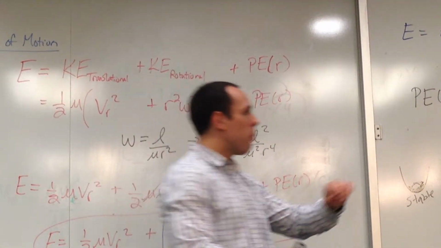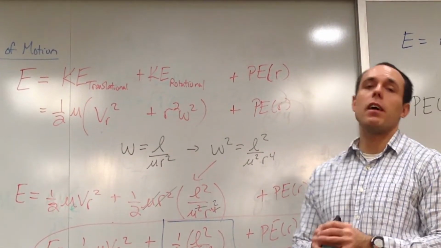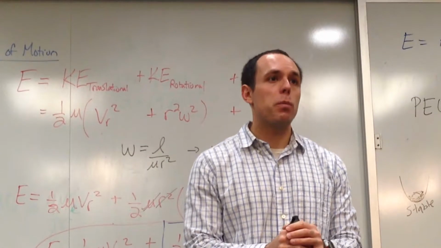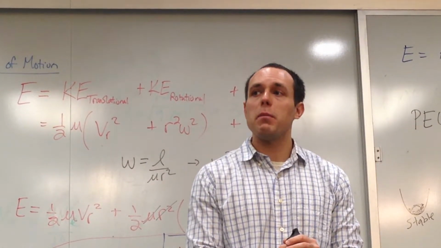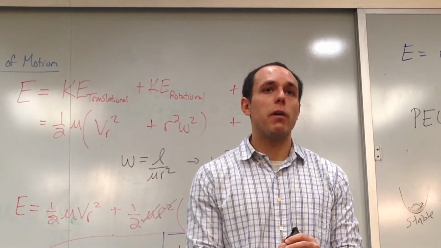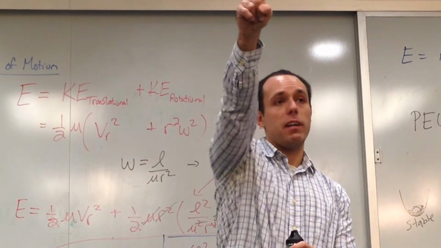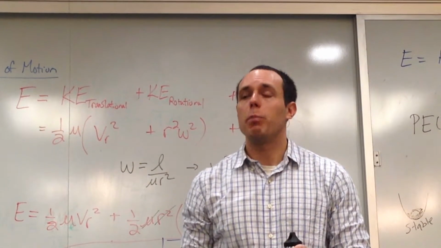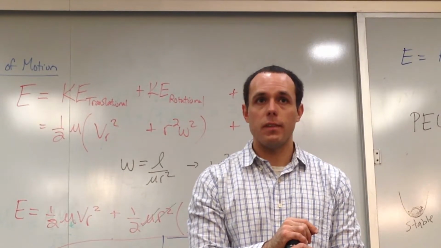But let me just make one point about the hyperbolic orbit. That is exactly what NASA does when it wants to send probes to the farther parts of our solar system. So it may seem as if we want to go to Pluto or Jupiter or any of the outer planets, that we should just go directly there, say a straight line. But we don't. We go to the inner part of the solar system, Venus.